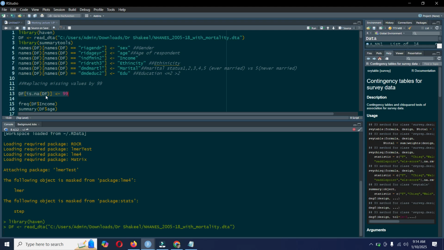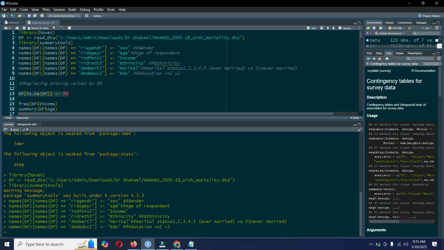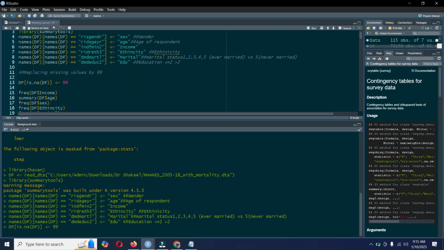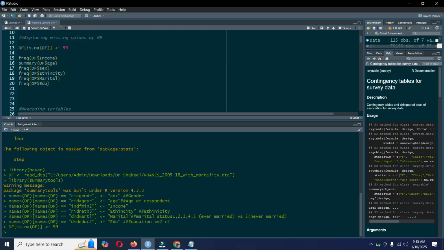Basically, in all variables, if there is any NA, that will be replaced by 99. So we can just run this command to replace the values. Now we will have no missing values. The missing values will be replaced by 99, and we can again see the frequency tables, for example income.